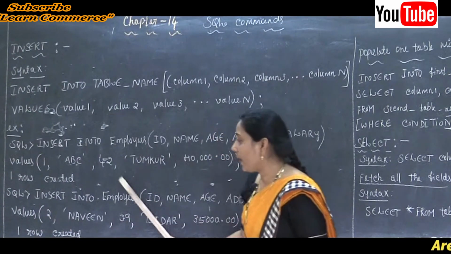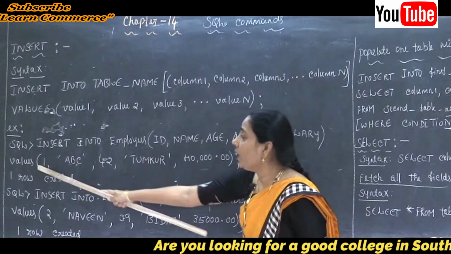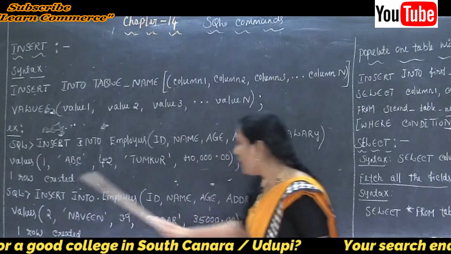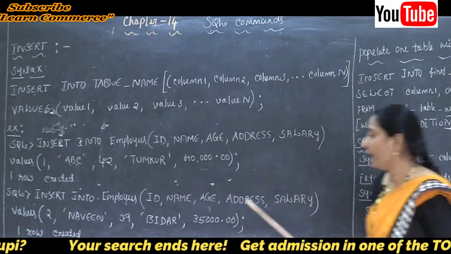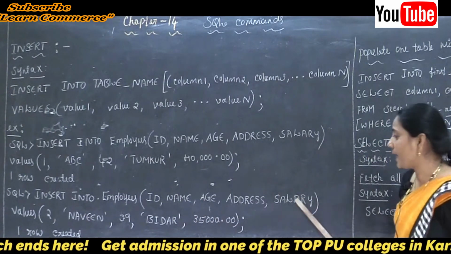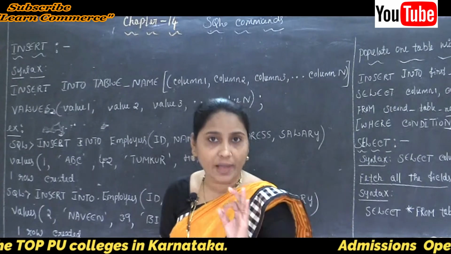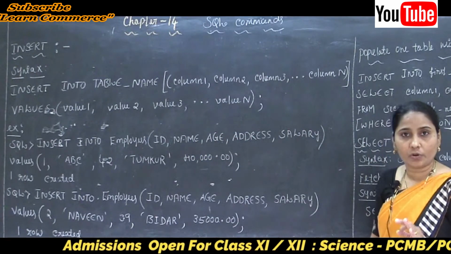So the values for the second: because we already created the ID with the value 1, now I am using the ID value as 2 and the name as Naveen, age as 39, address as Bida, and salary, because I used the data type as decimal fraction, 35,000.00.